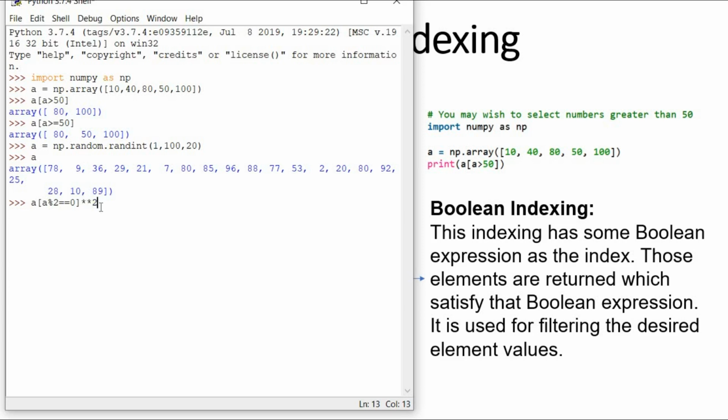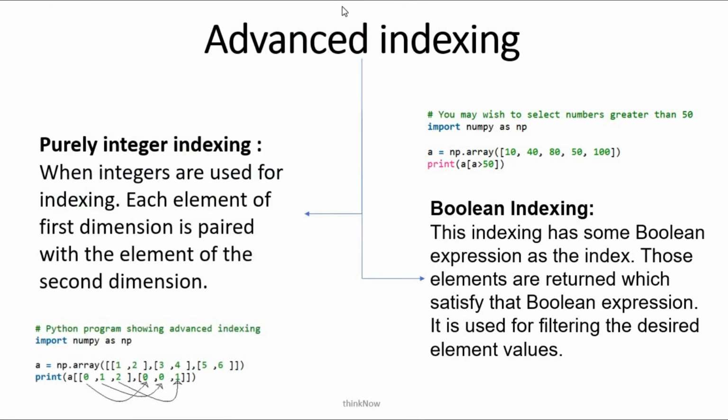Then we write **2, which is used for the power of. Okay. Here I got all the elements. 78 is 6084, 36 is 1296, and so on. So this is advanced indexing, very useful concepts, and it can help you solve a lot of problems.